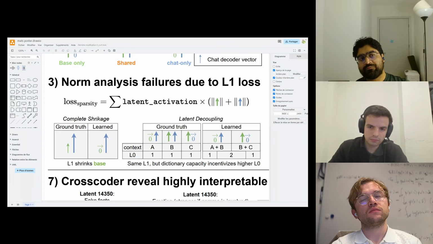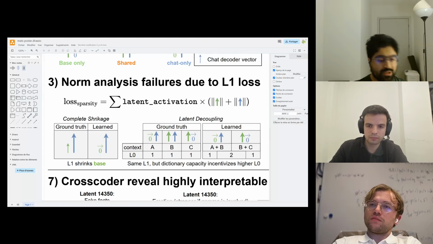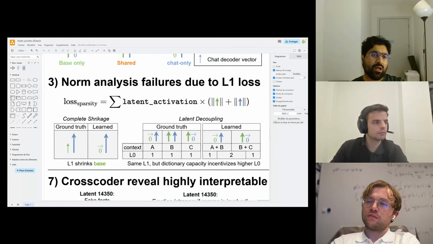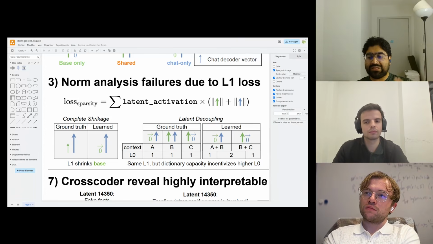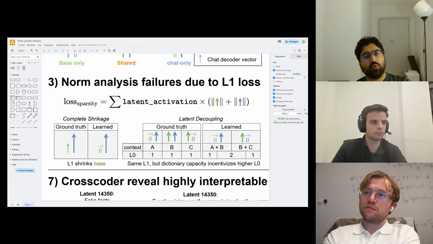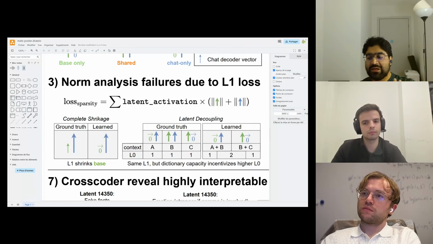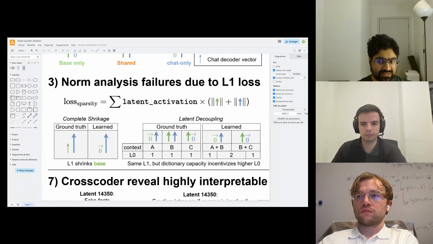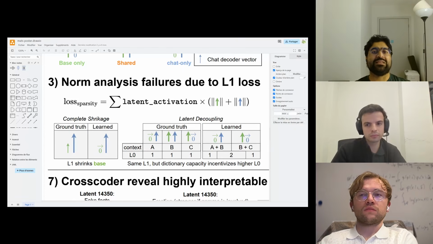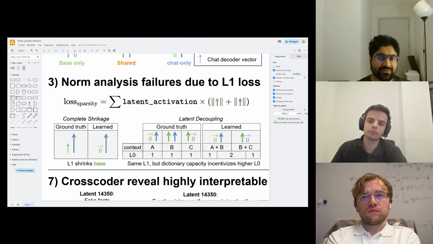And what they basically did in the original Crosscoders paper was introduce this artificial shift, where they penalized the norm of the base vector and the chat vector independently, which meant that if one of these was reasonably small, or not super important, it would get set to 0. But this means that you could mistakenly think that something is not present in the base model, when it totally is. It's just being amplified in the chat model.